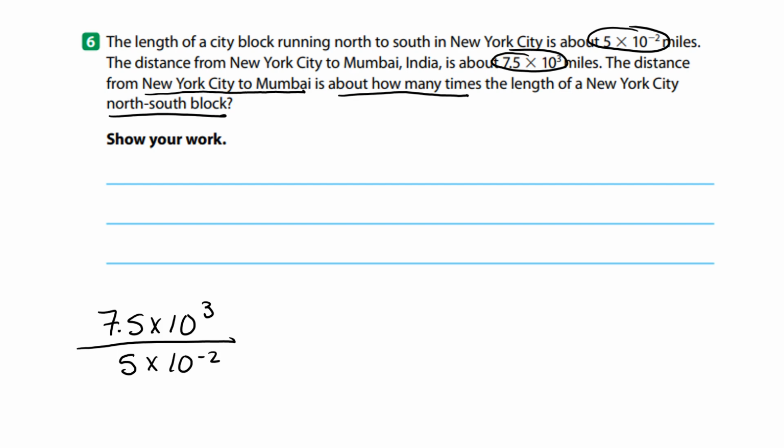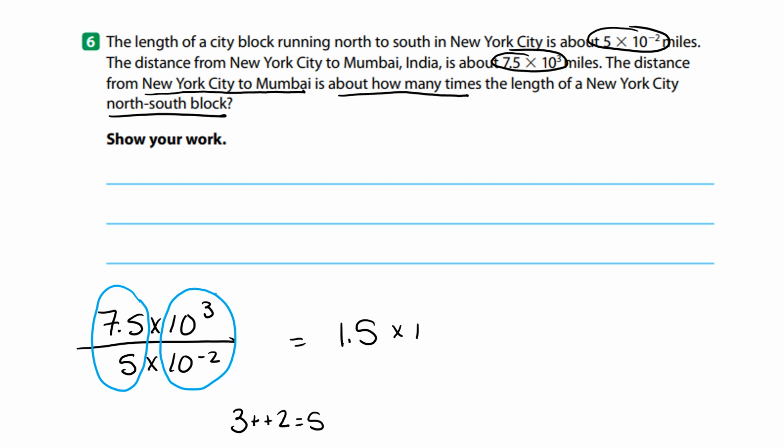We go ahead and start by dividing our decimal points. 7.5 divided by 5 is going to give us about 1.5. When we're dividing, we subtract the exponents. 3 minus -2 would give us 5, so that's times 10 to the 5th power.